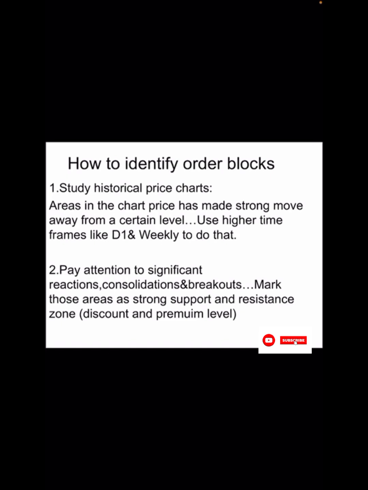Doing that, you need to go back to either the D1 or weekly time frame. D1 means daily time frame. You need to check from the daily time frame to the weekly, or probably the 4 hours time frame, whatever trader that you are. It's important because the bigger picture of the market is seen from the bigger time frame.